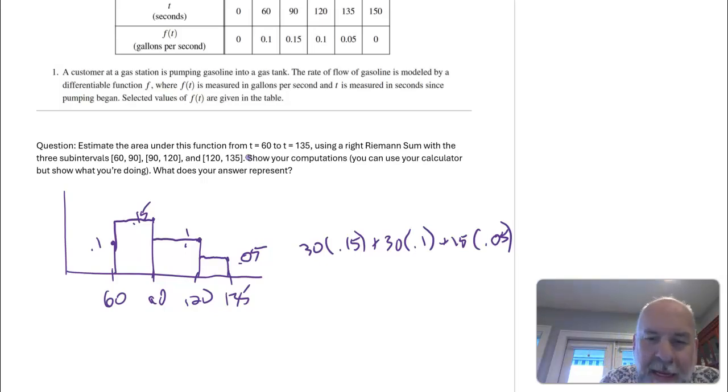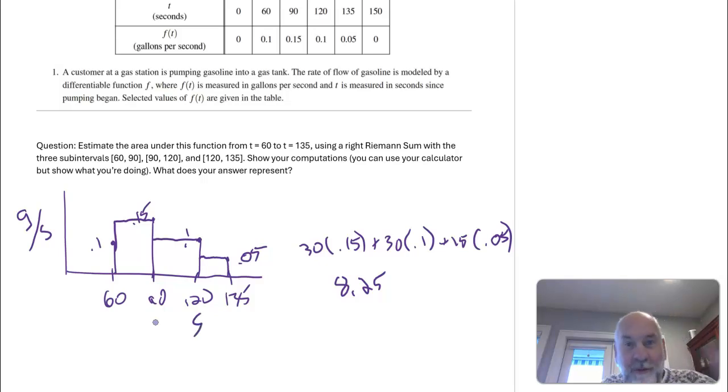The answer I get is 8.25. And then what does your answer represent? I'm just going to say this orally. Well, first, this is gallons per second, and this is seconds. So gallons per second times seconds stands for gallons.